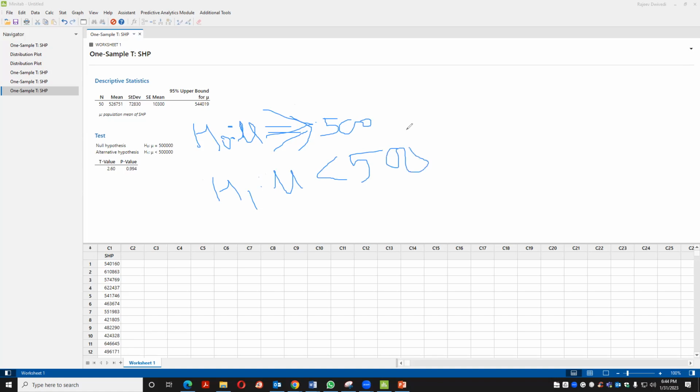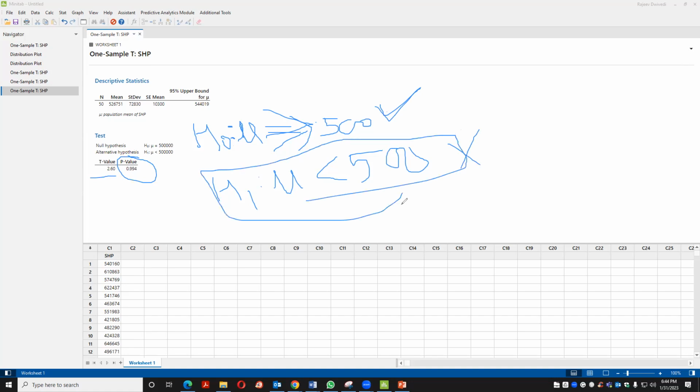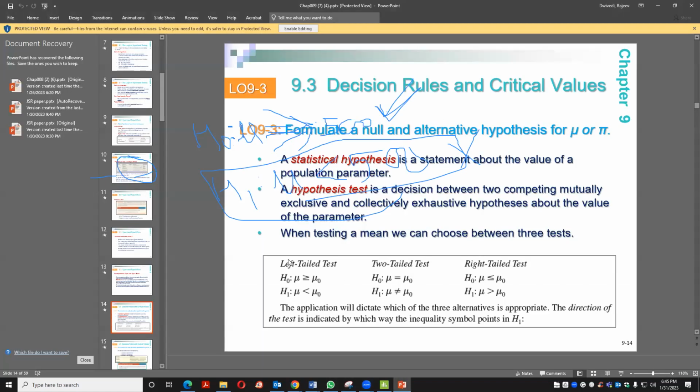Now you can clearly see which hypothesis is proved, because the t value will remain the same, and the p value you can see. So this hypothesis is proved. Once it is proved, automatically the other is rejected. So based on the p value, you can make your decision. So these are the three options: left tail test, right tail test, and when to choose.